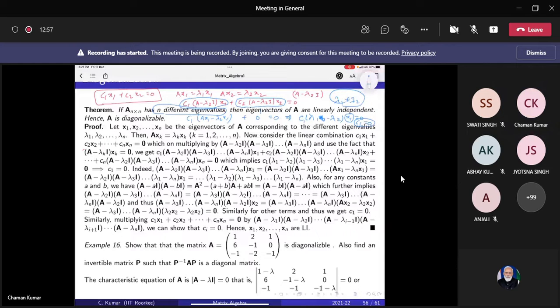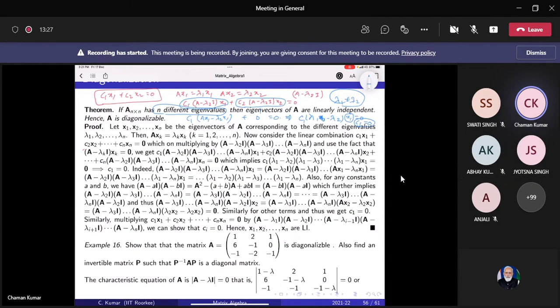Eigenvector cannot be 0 because you are always looking for a non-zero solution which will satisfy the equation A x is equal to lambda x. So by definition an eigenvector is not 0. Lambda 1 and lambda 2 are not equal, so the only possibility is that C1 is equal to 0.